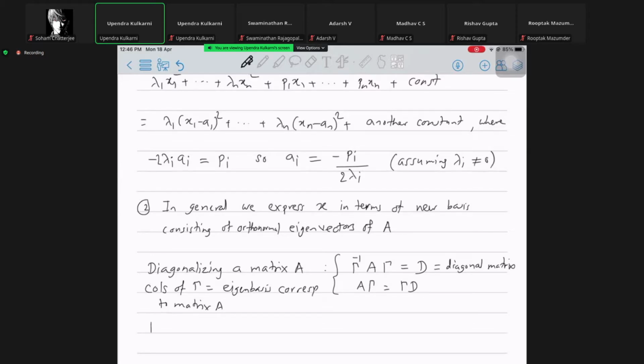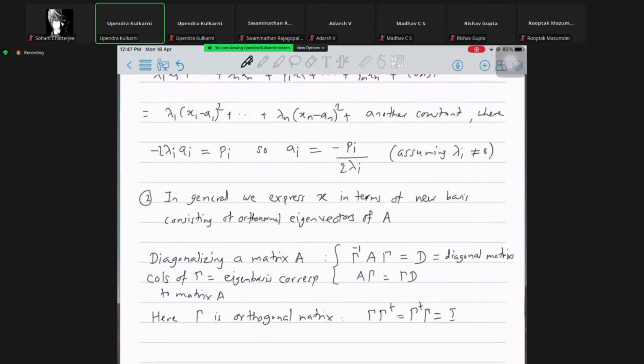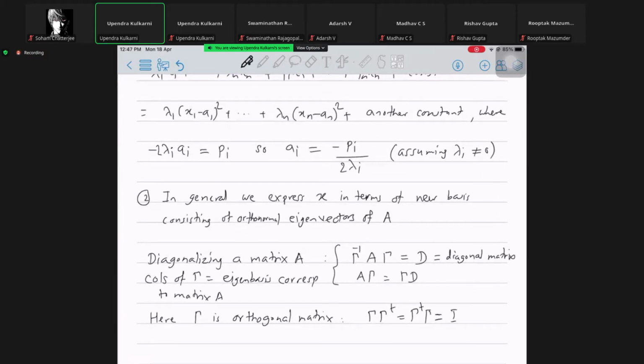Okay, so here gamma is orthogonal. It's an orthogonal matrix, which is to say gamma transpose gamma equals identity. That precisely says that the columns are orthonormal.